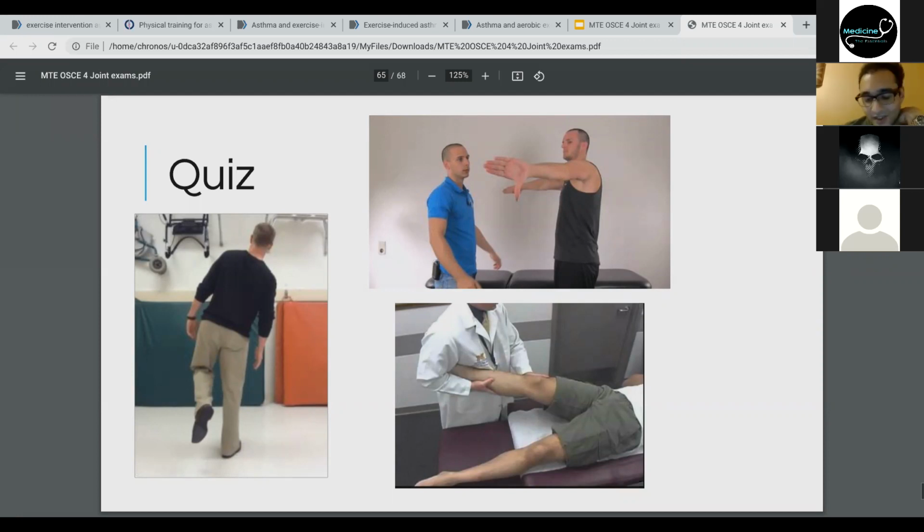So this was a slightly trick question, in that the sign being elicited in this patient is not a positive Trendelenburg. A positive Trendelenburg sign is when the leg that you're lifting off the floor tilts down. On this side, he's leaning in towards the leg that's planted, and therefore it's not Trendelenburg positive. You would need to do both sides.